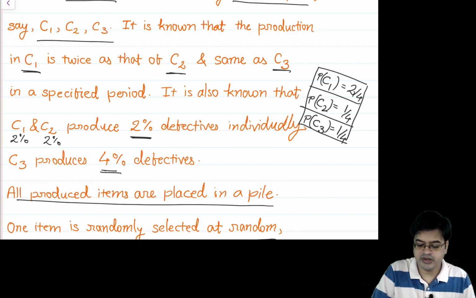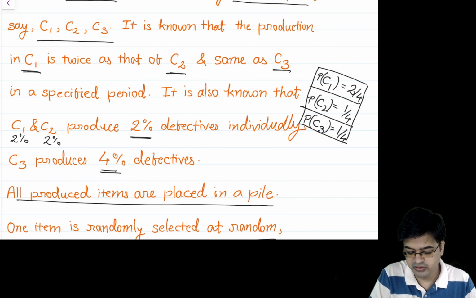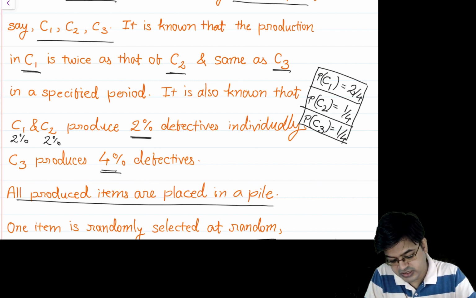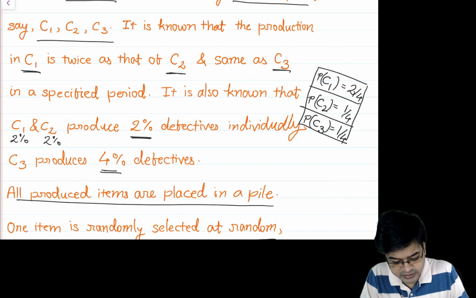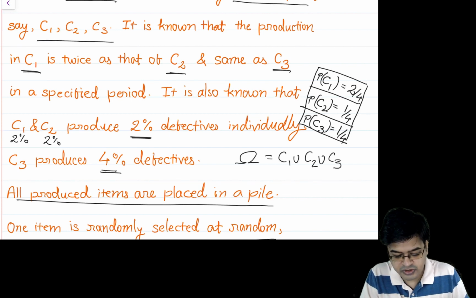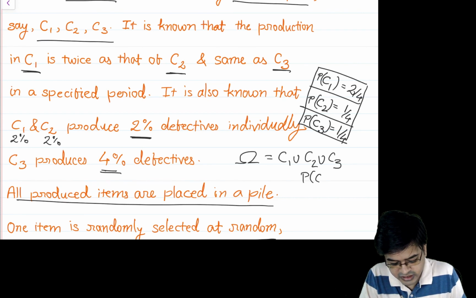Remember, I am doing this based on our video on finite sample space assignment of probabilities. Also notice that these events actually partition the sample space, that is, omega is equal to C1 union C2 union C3, and they are disjoint also. So all the three conditions are satisfied. What are the conditions? Probability of Ci should be greater than 0. This is the third property.